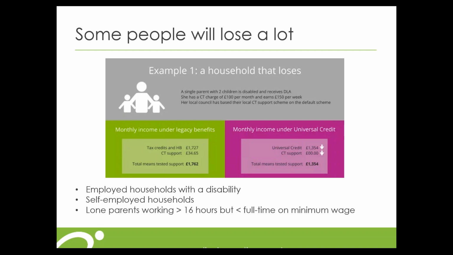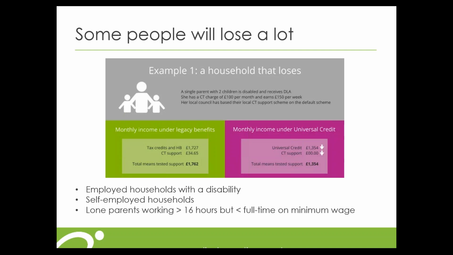And the main groups this will happen to are employed households with a disability, self-employed households, I think we're all expecting that, and lone parents. Now, the lone parents are really tricky, because at some points as their income rises, if they're working, they're better off. Under 16 hours, they'll be better off on UC.